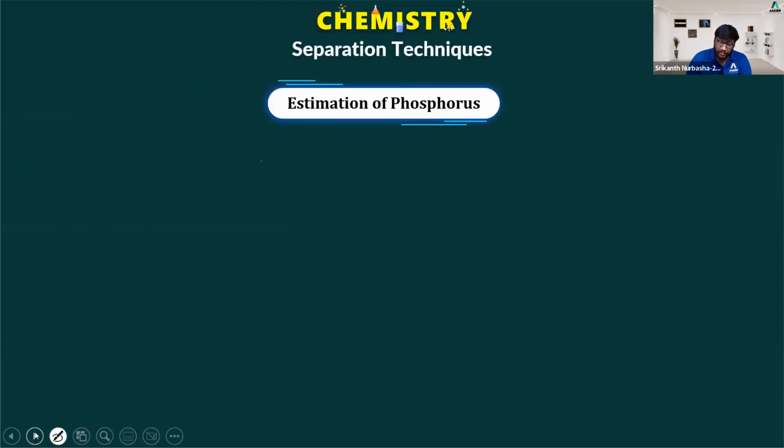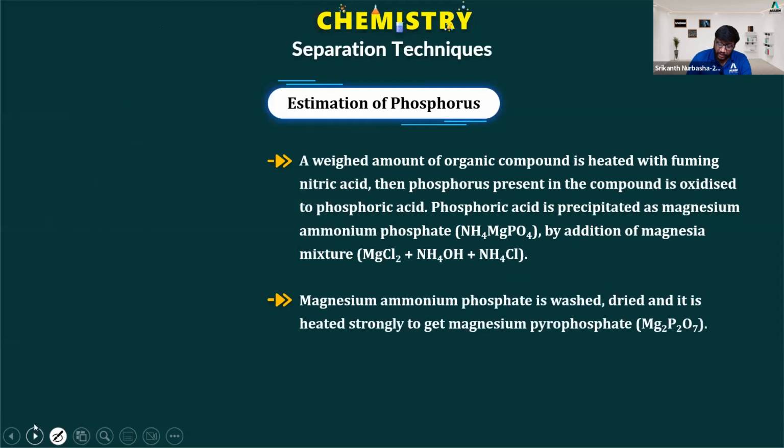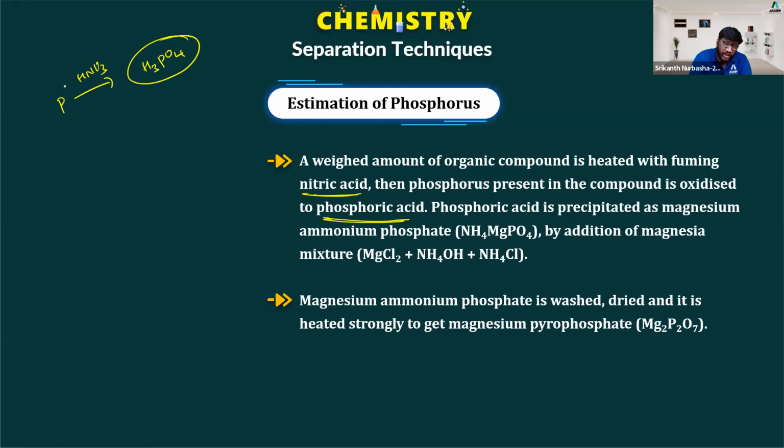Estimation of phosphorus: here what we are going to do is, a weighed amount of organic compound is heated with fuming nitric acid. Then phosphorus present in the compound is oxidized to phosphoric acid. That means whatever phosphorus you have is converted to H3PO4 in the presence of HNO3.